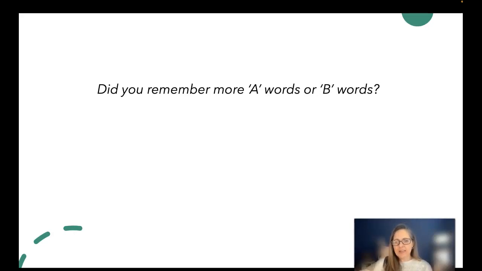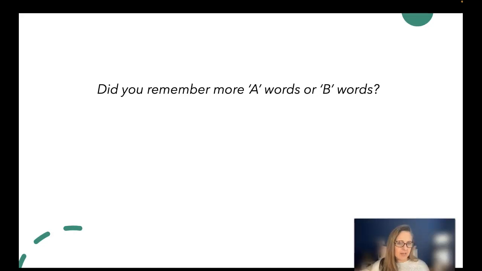And I'll go ahead and tell you that this is sort of our first lesson about memory today. And it's what we call levels of processing. The idea is the more deeply you process information, the better able you will be to remember that information.